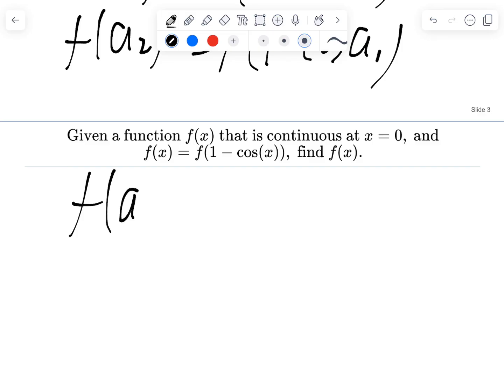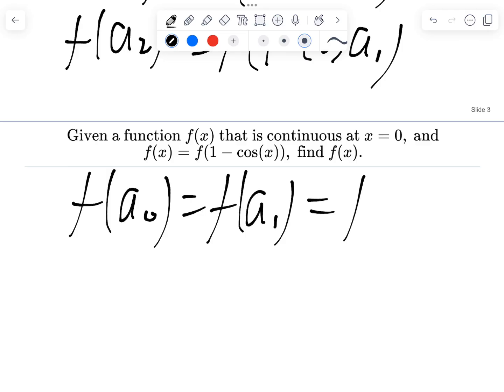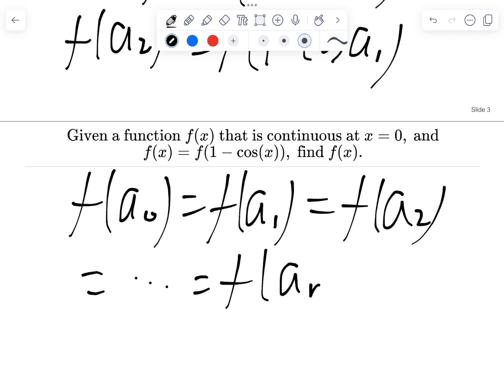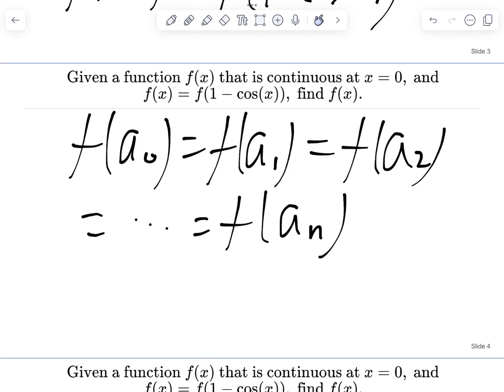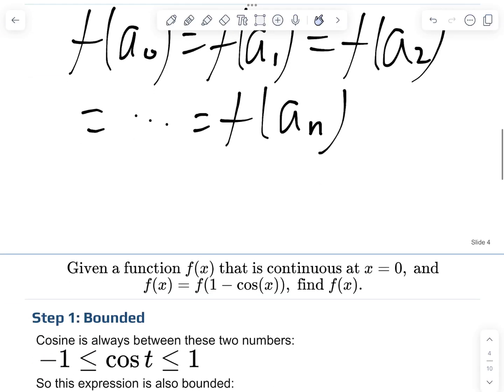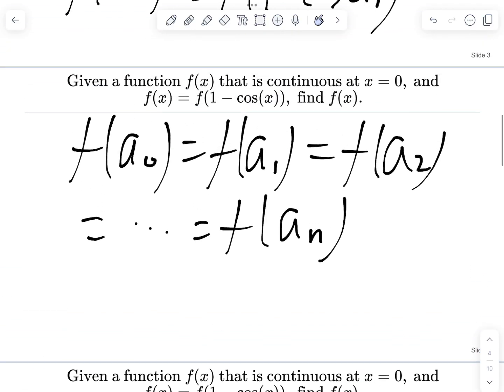So f(a sub 0) equals f(a sub 1) equals f(a sub 2) and all the way down to f(a sub n). So those equations are all the same.